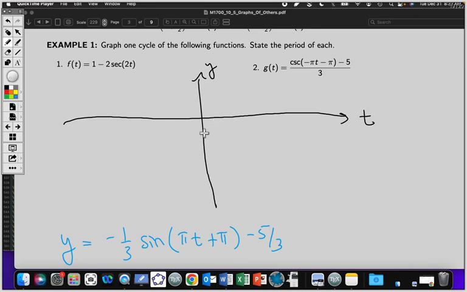Okay, so we're going to start over here at -1. We got a period of 2, so we'll be finishing up here at 1. We put in the quarter marks here. So 0, -1/2, 1/2. The baseline here is -5/3.